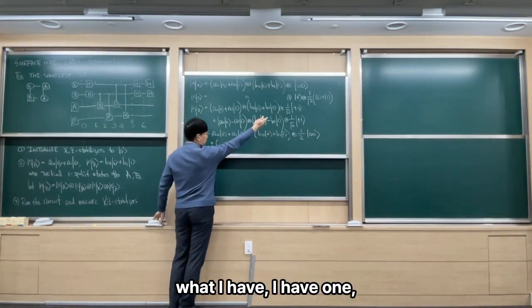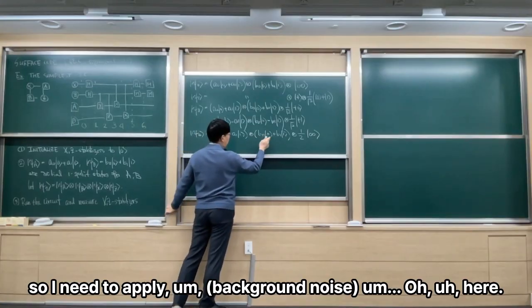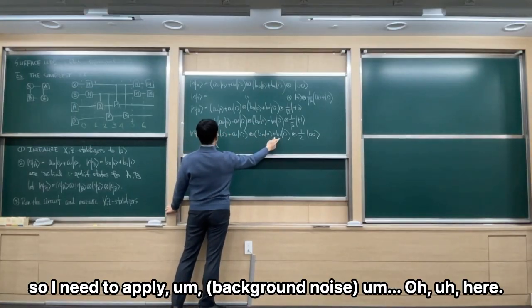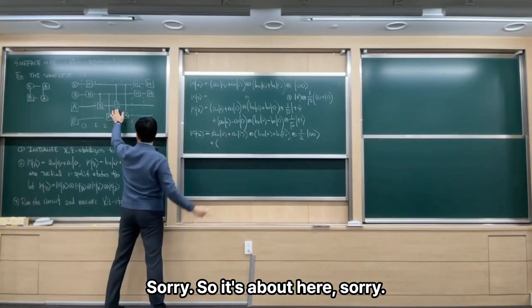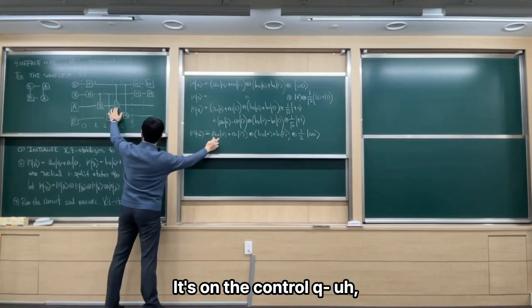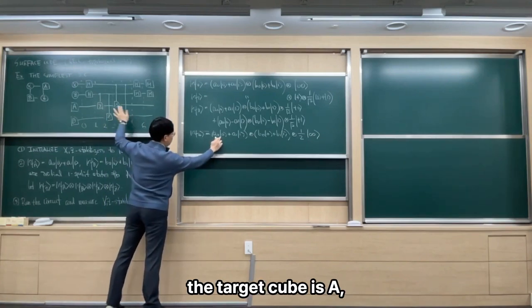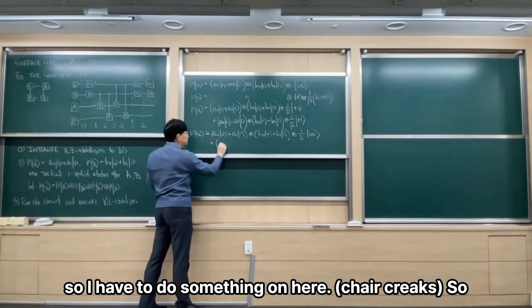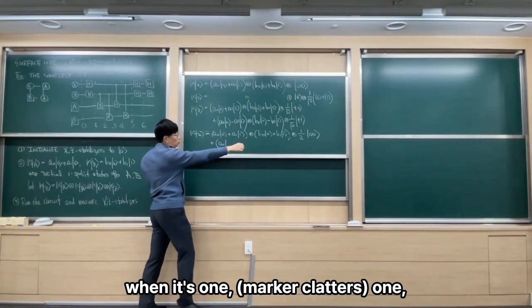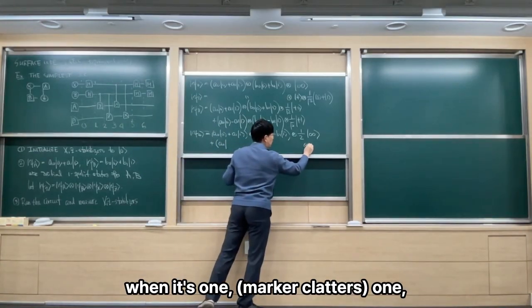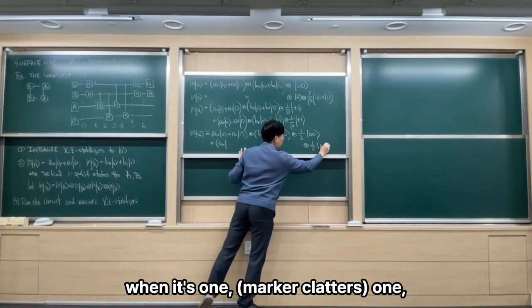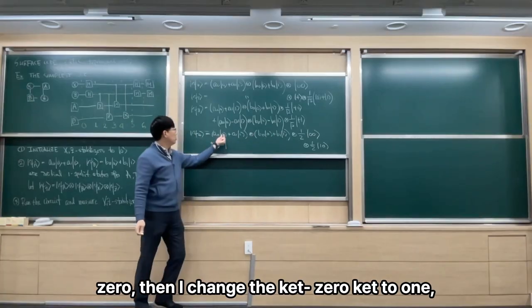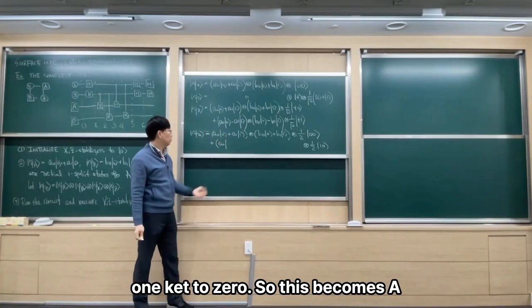What I have 1. So I need to apply. Here, sorry. So it's about here, sorry. So it's on the control qubit. The target qubit is A, so I have to do something on here. So when it's 1, 1 0, then I change the 0 cat to 1, 1 cat to 0.